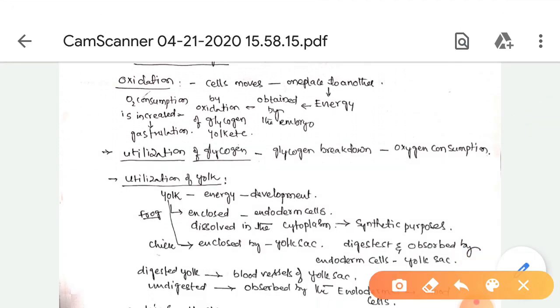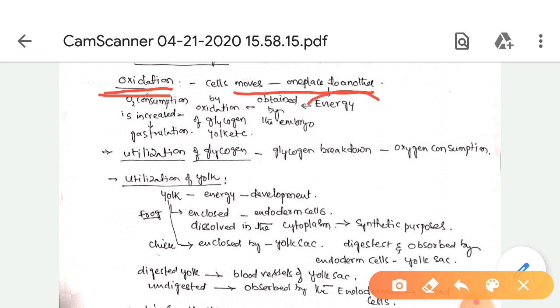First, oxidation. During gastrulation, the cells move actively from one place to another. These movements require some energy.